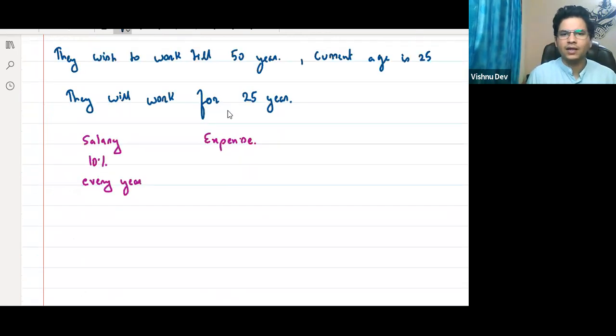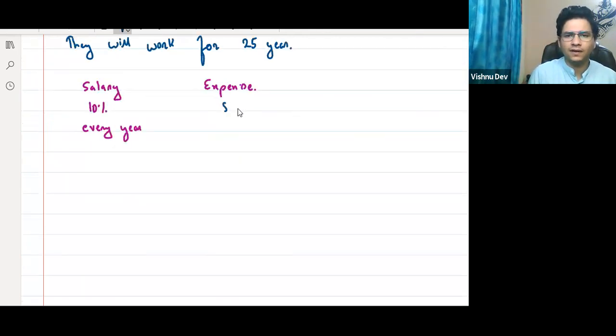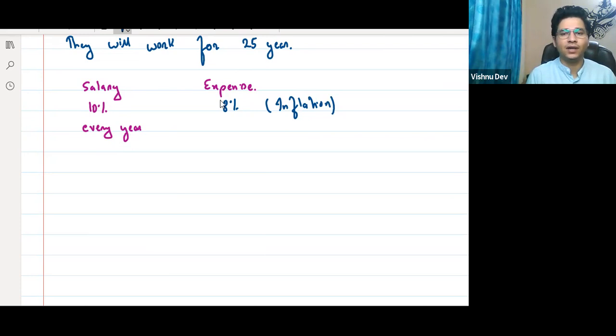So I suppose that this will increase by 8% due to inflation. Inflation means the rise in prices of commodities. We will know about these jargons. So salary is increasing by 10% every year and expenses are increasing 8% per year. Let us calculate this.